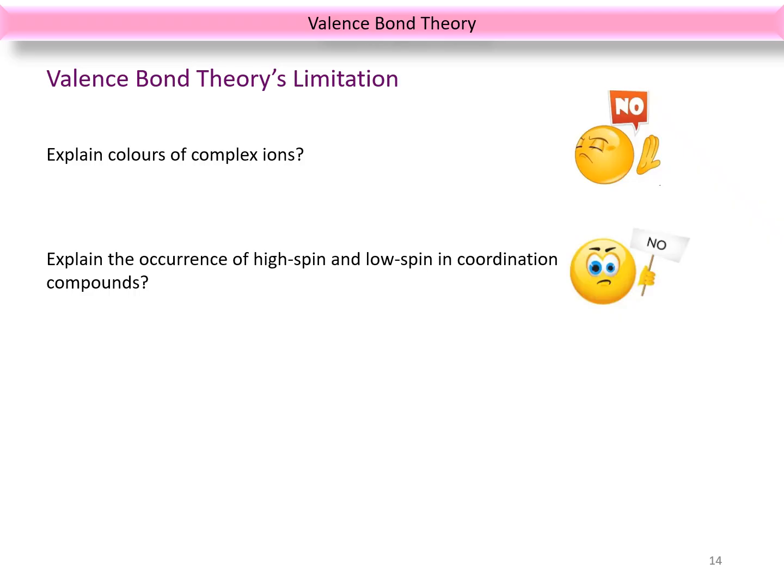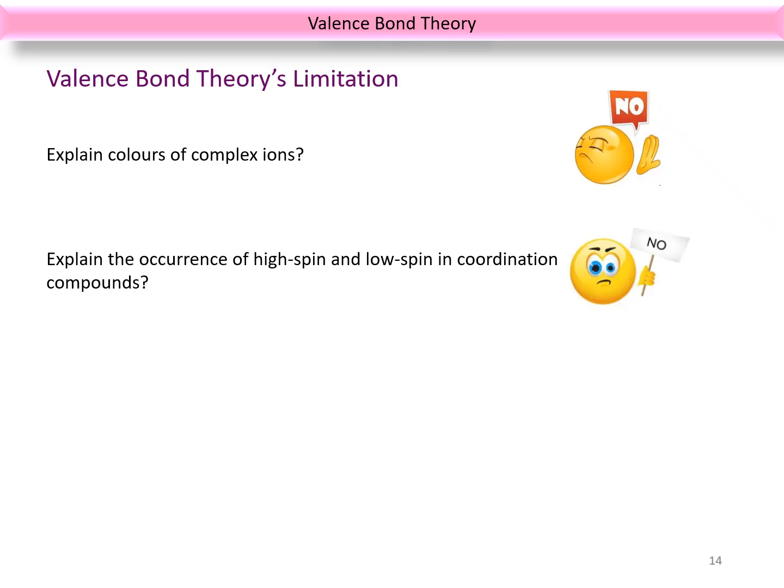High spin means more unpaired electrons. Low spin means a low number of unpaired electrons. Spin here refers to the electrons.